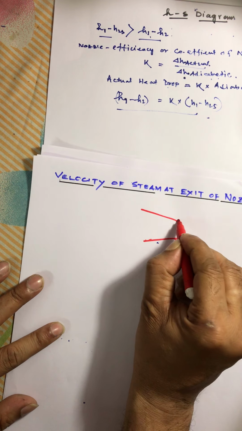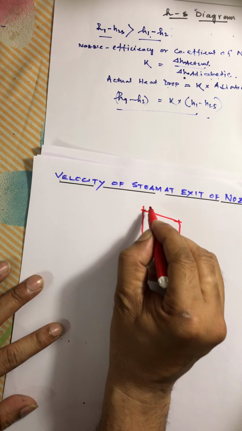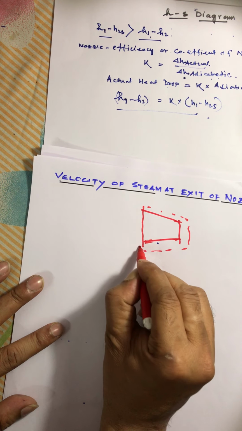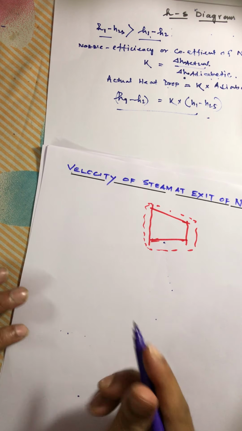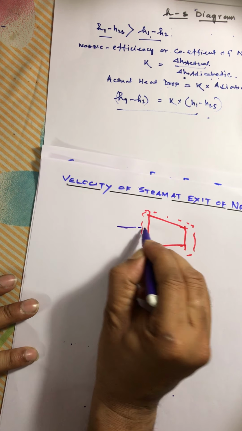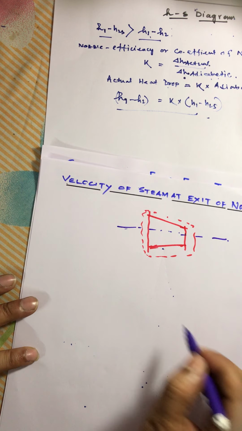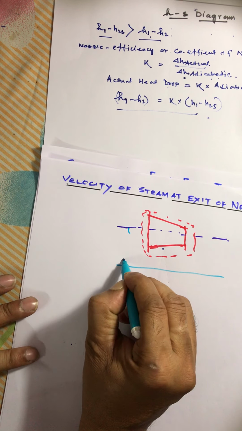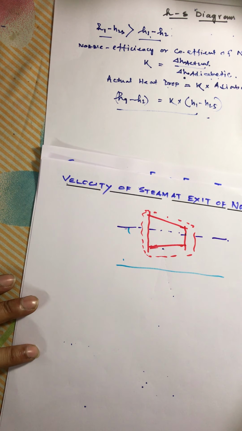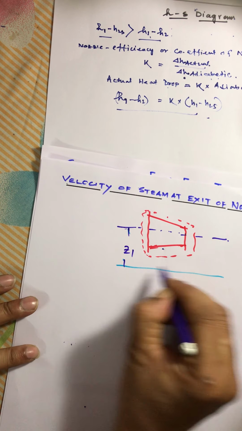There will be a control volume, and suppose this is the inlet, and this is the bottom line, and this is Z1, this is Z2.